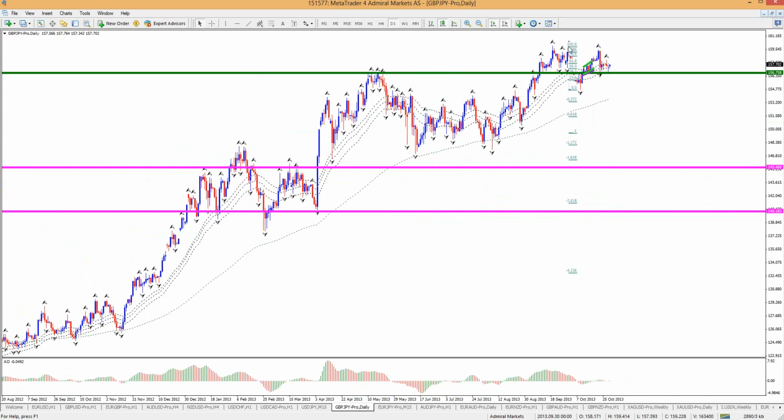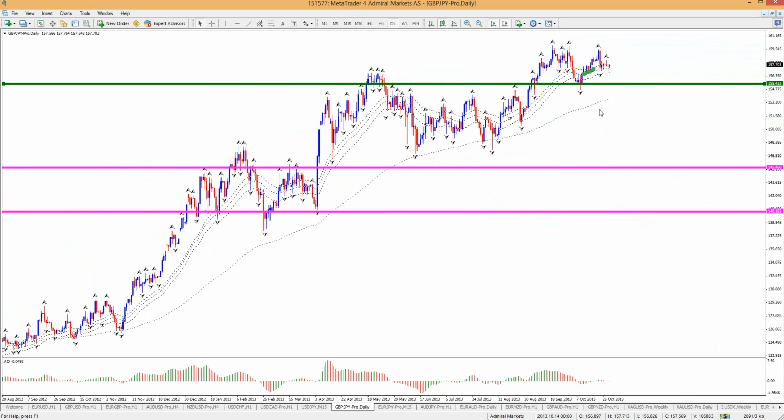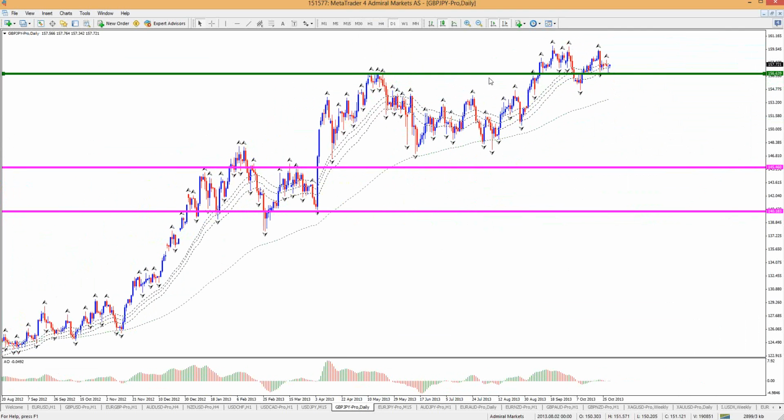Let's maybe take a look at the bigger picture. The bigger picture, we have divergence between these tops, but we are still above this top, for example. We've been staying above that for quite a while.